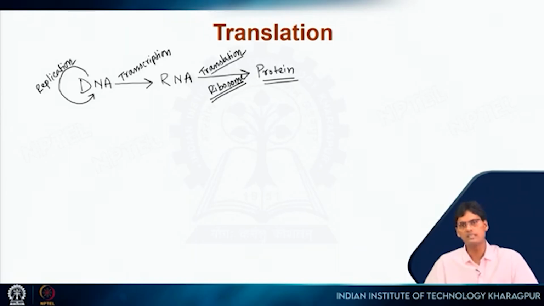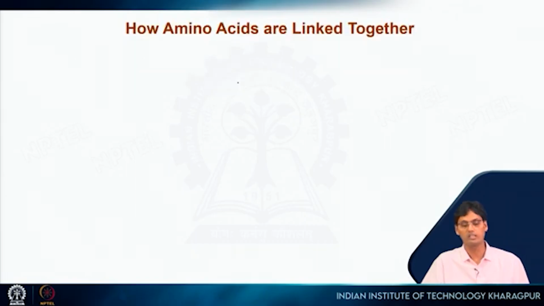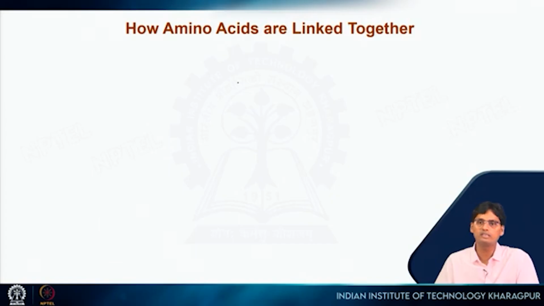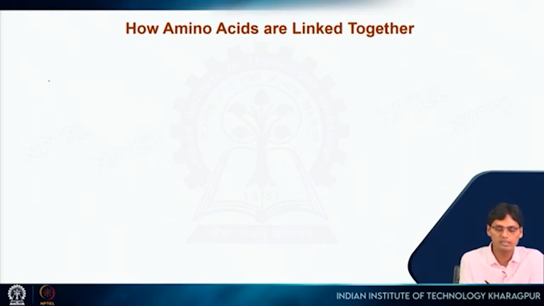Now, in proteins, amino acids are linked by peptide bonds. So let's learn what a peptide bond is and how it is formed. How are amino acids actually linked together, this is the question. Since proteins are polymers of amino acids, first I should introduce amino acids a little bit. This is the basic structure of an amino acid.